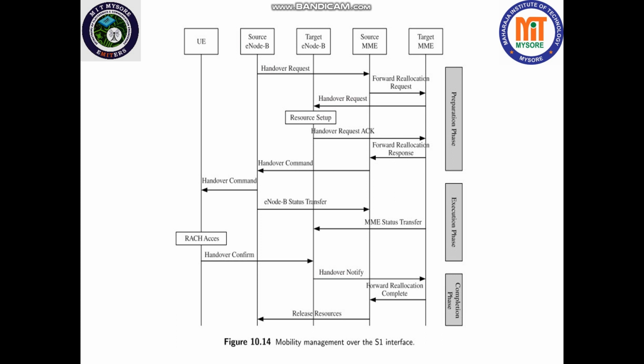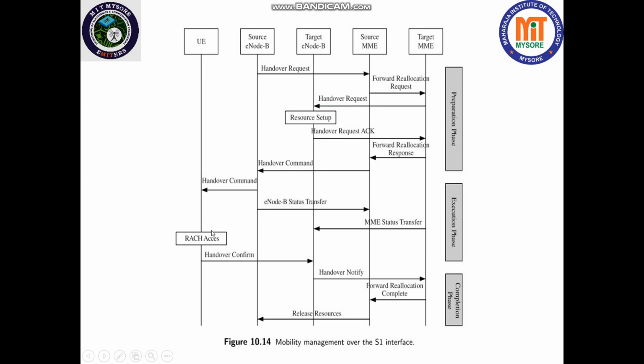Now the next step is, once the handover command is received by the user equipment, the status is transferred from the source eNodeB to the target eNodeB. It happens by sending the status from the source eNodeB to the source MME, and it is communicated to the target MME, and the target MME will transfer the status.